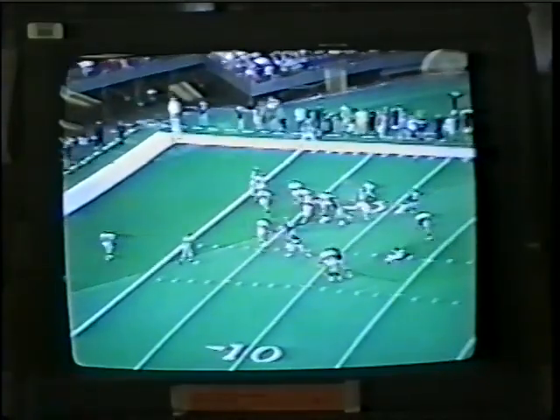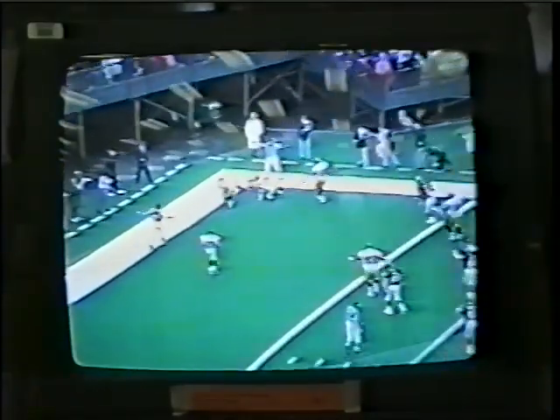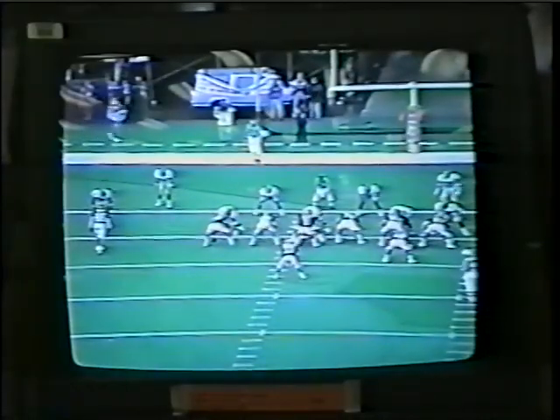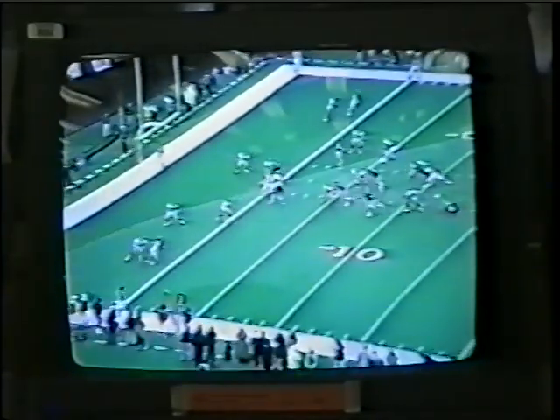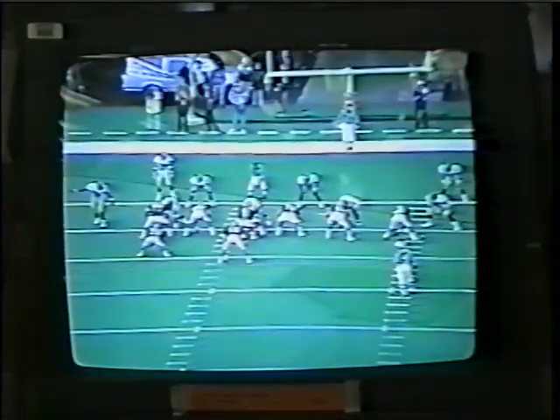Strong right, strong left. We just got to make the tackle here, obviously.